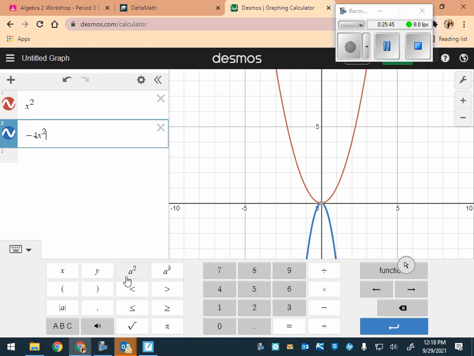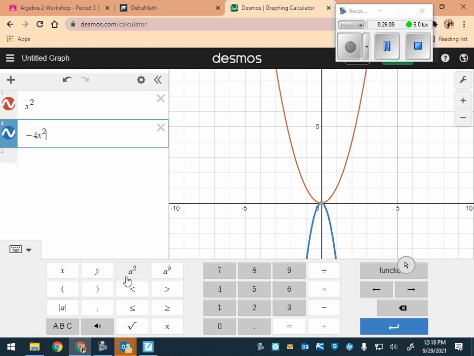But with the example Grace gave us, what else is happening? Negative means reflection, but we have this 4 in front. What else is happening to this graph? Does it look like the same shape? Yeah, Mustafa. It's narrower. So with A, you always want to remember absolute value.